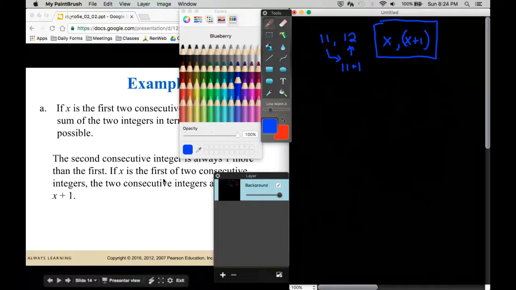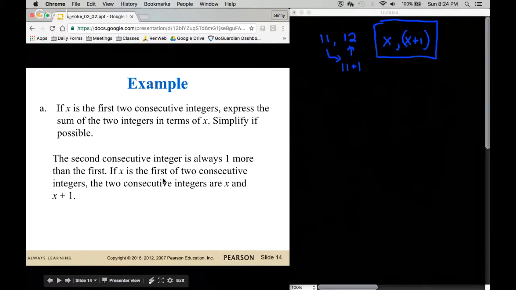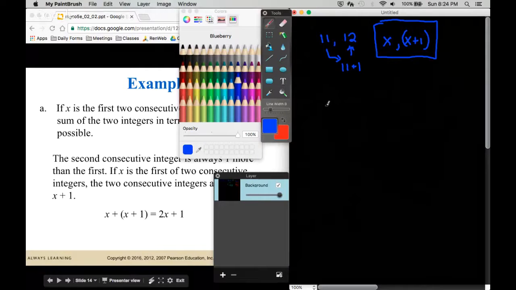The reason why that's important is you're going to be seeing this again in future word problems. And typically you'll see it in future word problems where you have something like page numbers. If a person's reading in a book and the sum of two consecutive pages is like 930, what page did they start on?